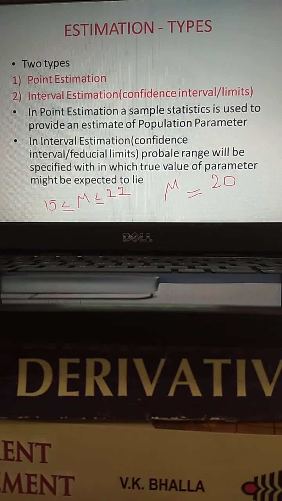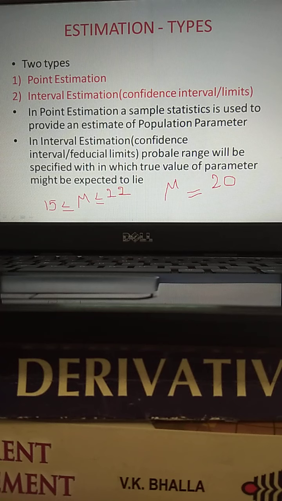Understood? Now let us come to the information on the slide. In point estimation, a sample statistic is used to provide an estimate of the population parameter. A single piece of information would be there. In interval estimation, that is the confidence interval or the fiducial limits, different names, a probable range will be specified.